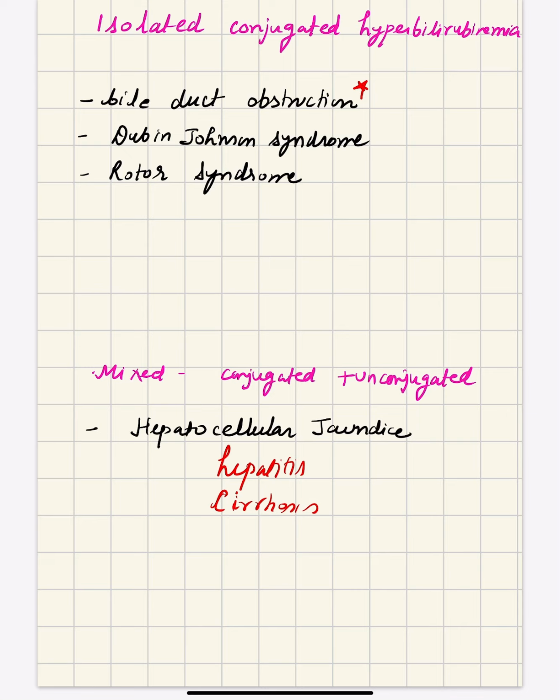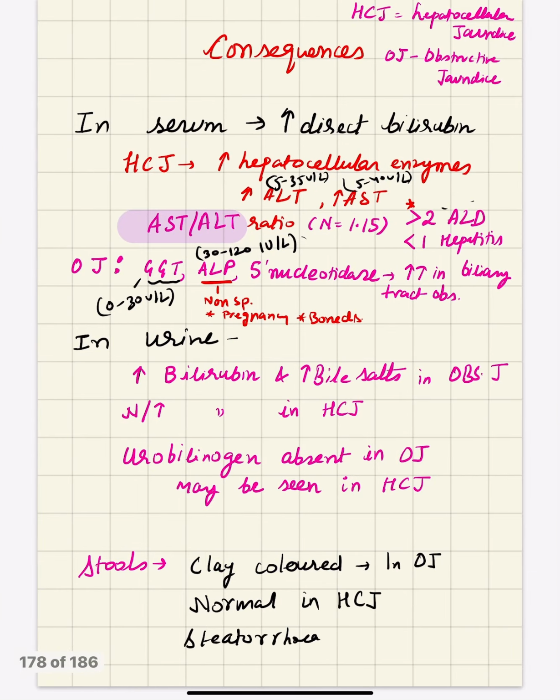So you will get both conjugated and unconjugated fractions, and these facts are important to know because when we know this, we'll be able to understand how the serum and urine tests are seen in the different kinds of jaundice.